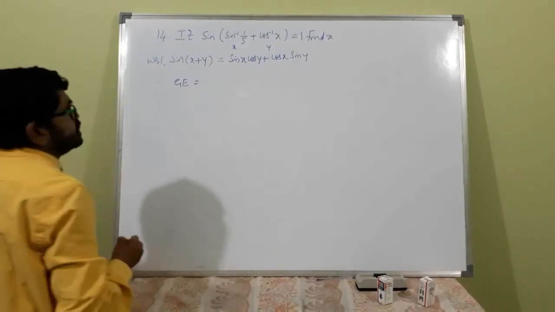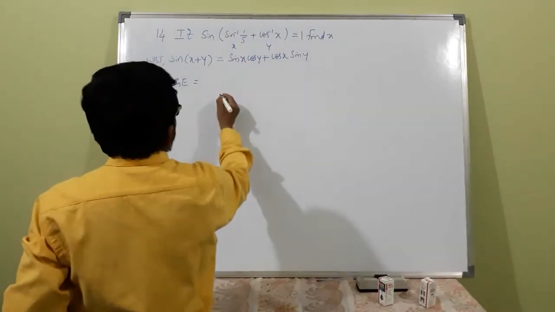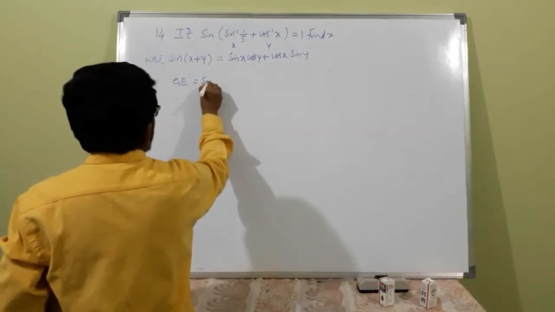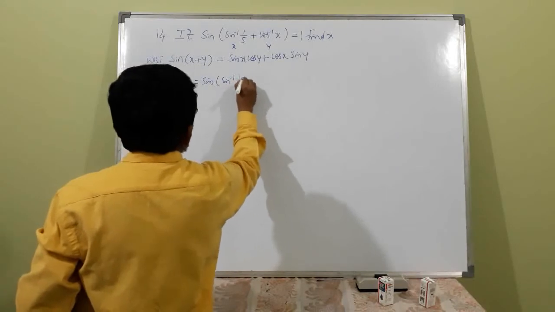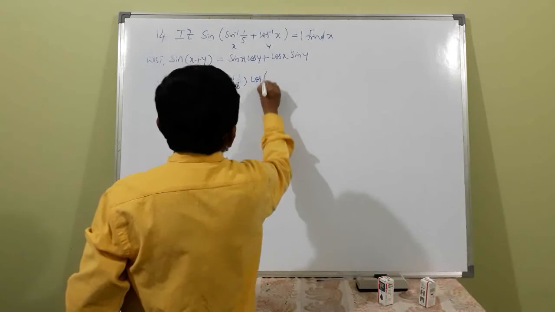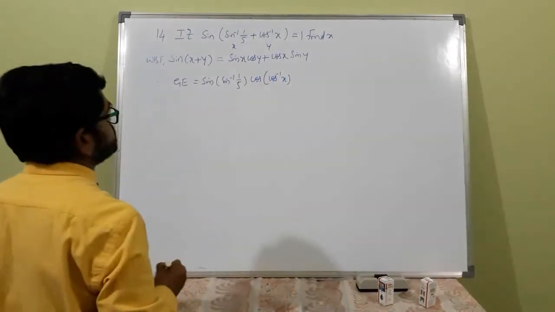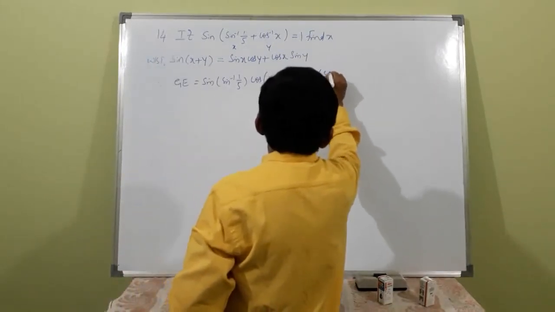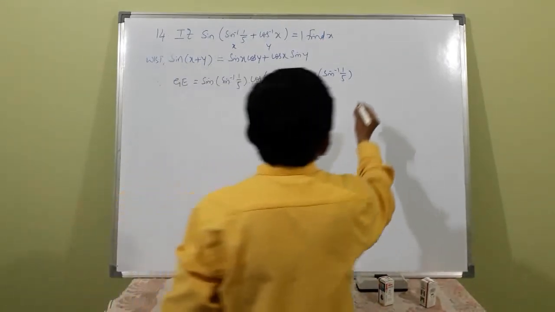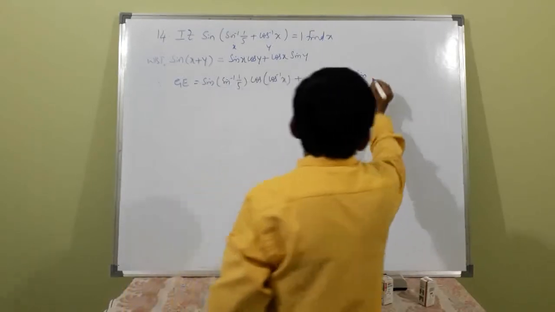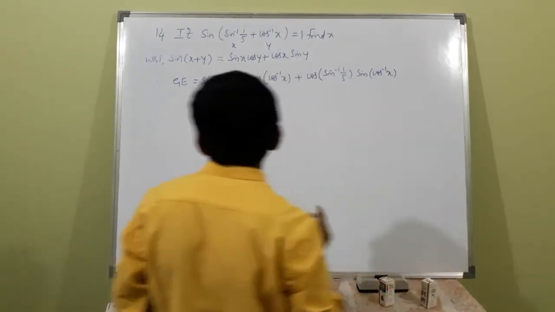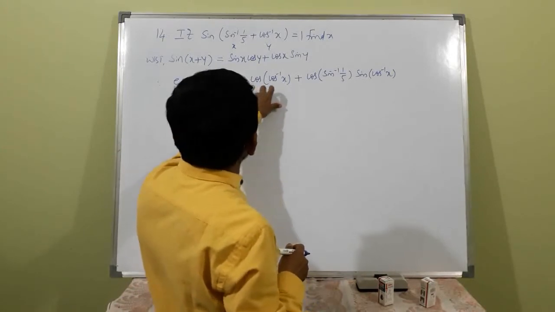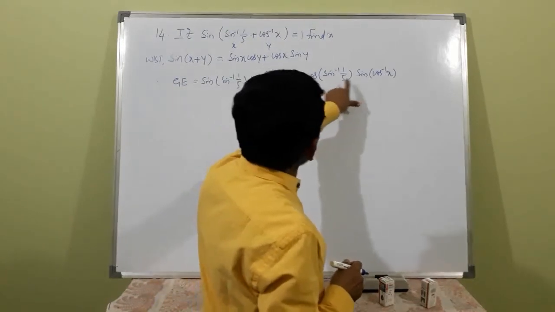given expression is equal to, what is this, sin a, this is x, sin of sin inverse of 1 by 5, sin a it is, cos inverse of x, sin a cos b, plus cos a sin b. a is sin inverse of 1 by 5, sin y, sin of y is cos inverse x, you got it, sin of sin inverse 1 by 5 cos, sin a cos b cos a sin b, yes, correct.